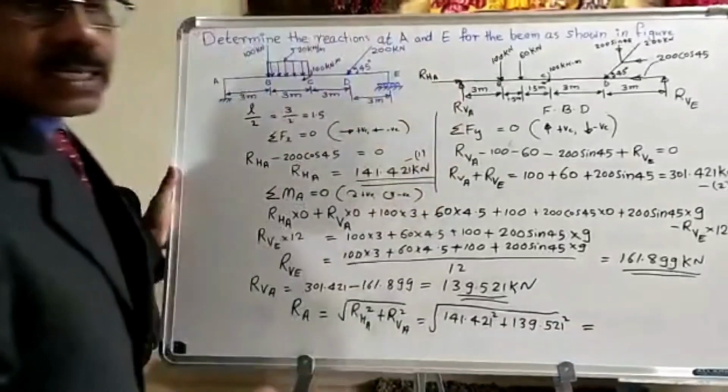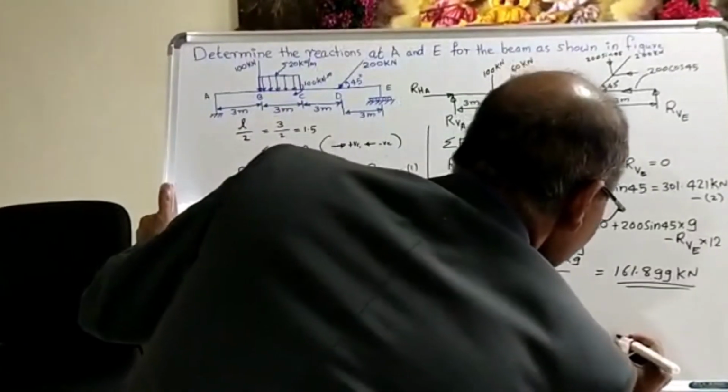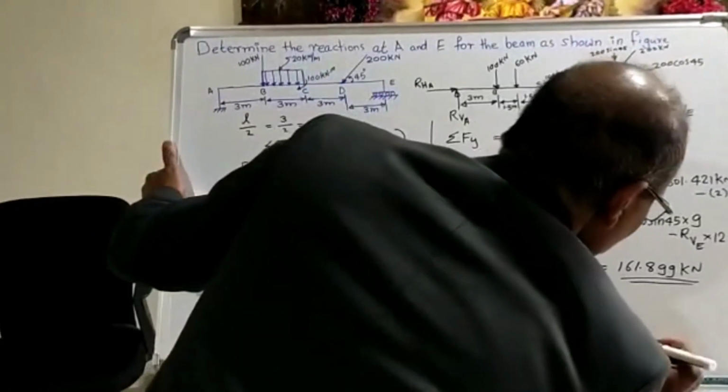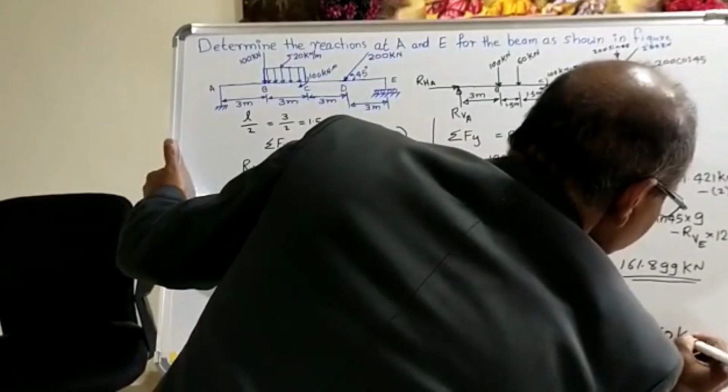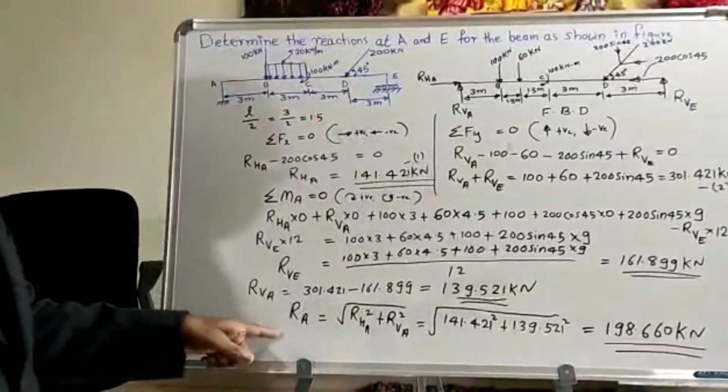The answer I already have, so I am writing it: 198.660 kilonewton. This is the value of RA.